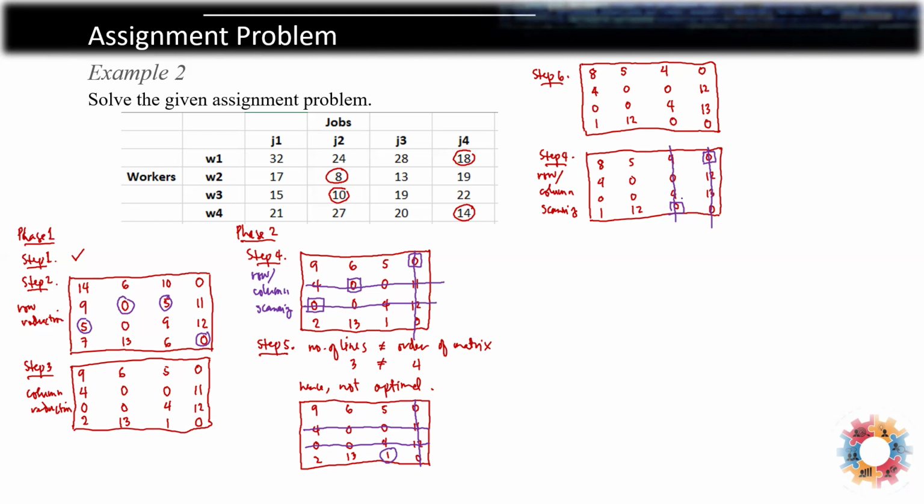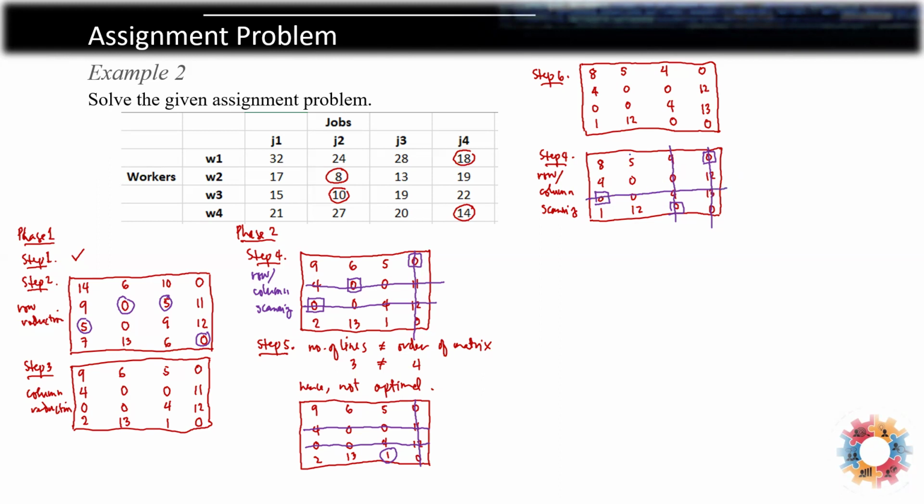And then we're done with the row scanning, no? Then let's do the column scanning. In the first column, we have 1 zero here, so the corresponding row will be deleted, right?